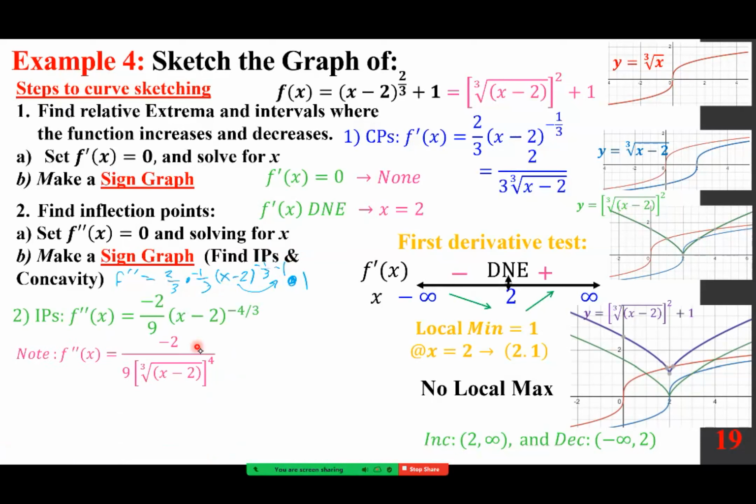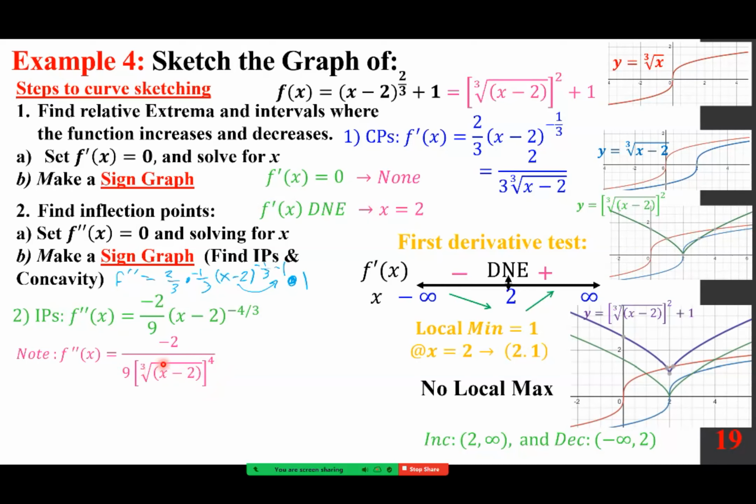Now, you really don't need to do the sign graph in this class. I'm going to show you, but if you want to do it, that's fine. We'll do both. The reason you don't have to do a sign graph is that this expression is always negative except at x equals 2. At x equals 2, this becomes 0 and it becomes undefined. What happens at any other number, regardless of positive or negative?